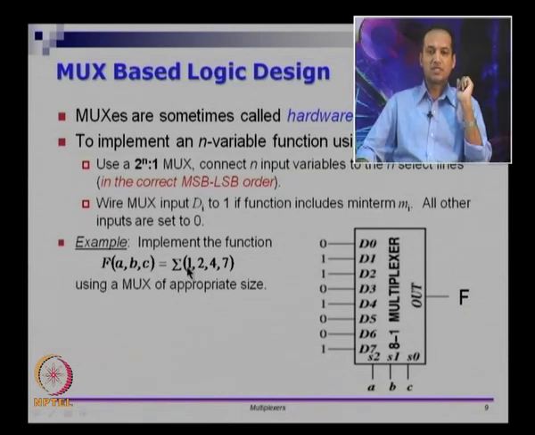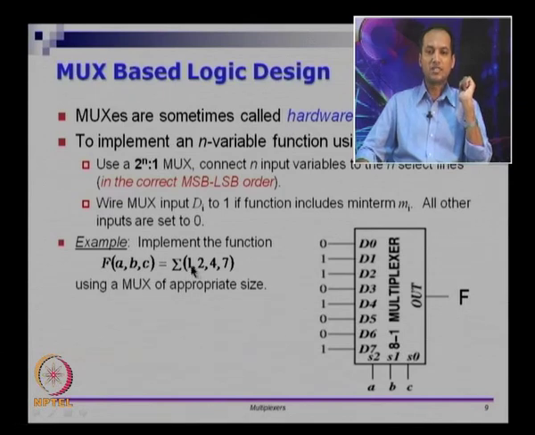The first thing we notice is that the minterm goes up to minterm 7, which happens only for a 3 input circuit. So we have 3 inputs here, a, b and c. We give a, b and c as the select lines s2, s1 and s0. So a, b, c is in left to right order, and the select line s2 is more significant than s1, which is more significant than s0.